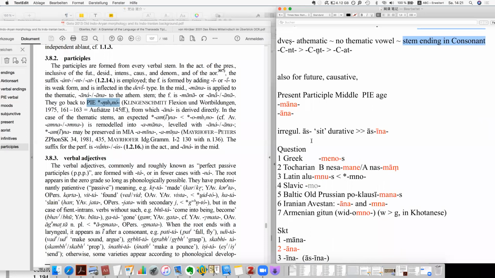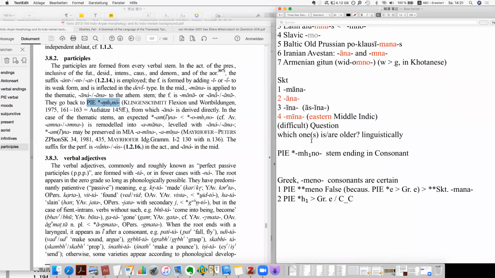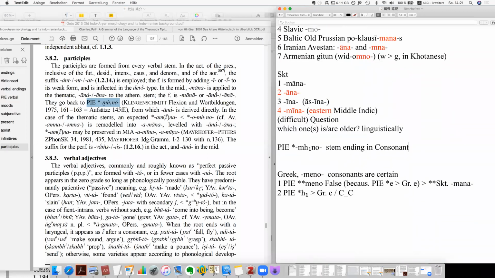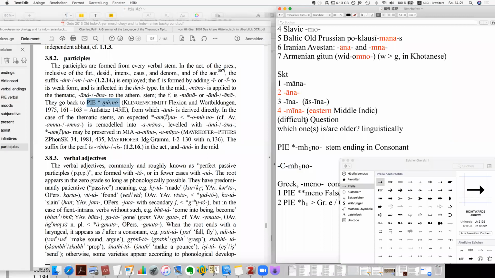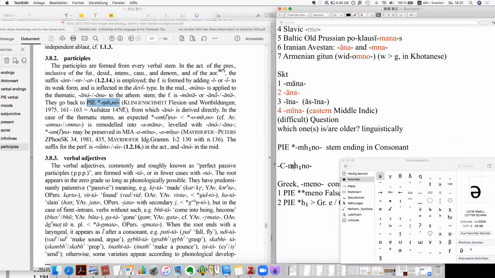So there's a special change, right? For a stem ending in consonant, what should we expect for this result? So this is a consonant, and then you see, again, there's a lot of consonants, right? So what would happen? This M will become a vowel, right?